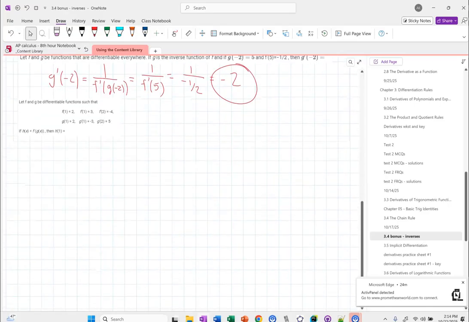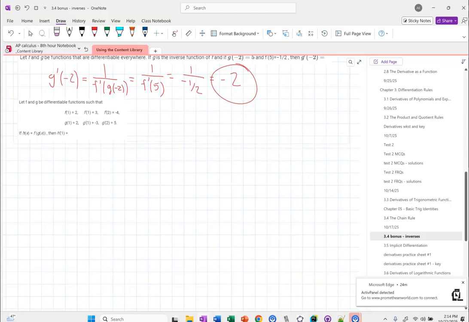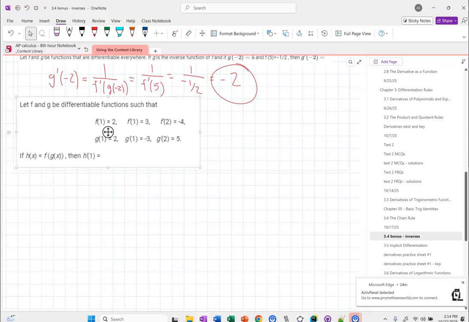All right, last example, let f and g be differentiable functions such that a bunch of stuff is true. If h of x is equal to f of g of x, then h prime of 1 is equal to, now are we told anywhere in this that f and g are inverses? Either symbolically or in words.